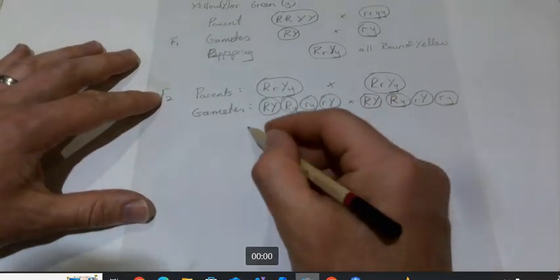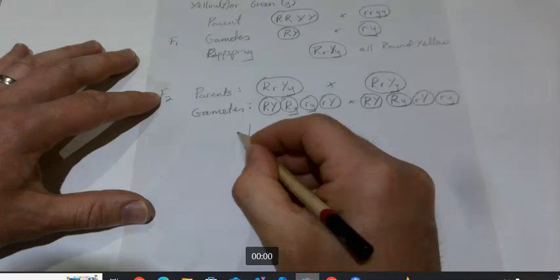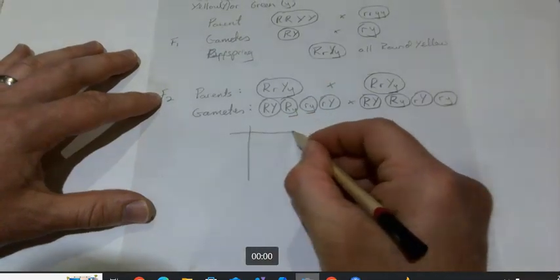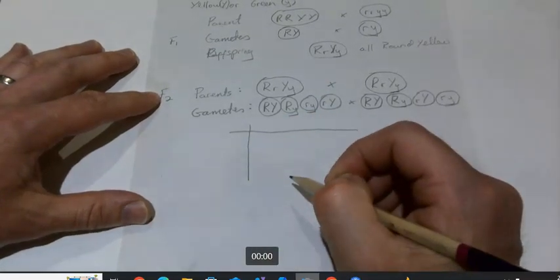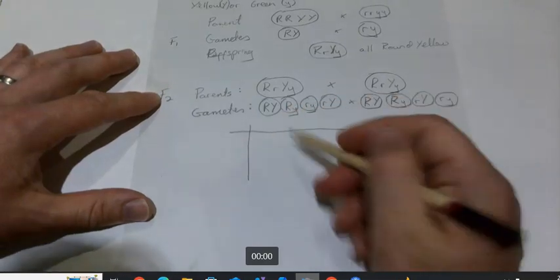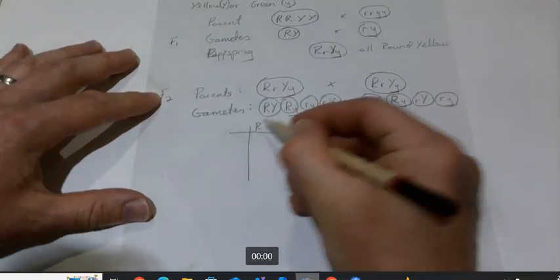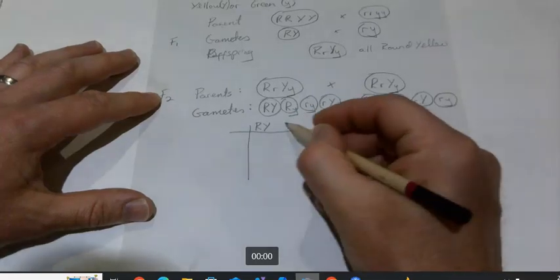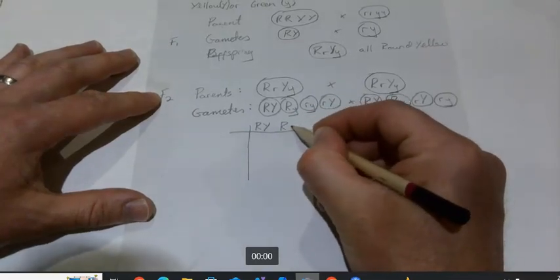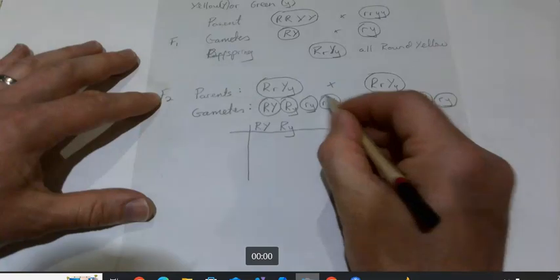So we're going to do the Punnett square for this, just to make the matching up of the gametes at fertilization easier. I take one parent and put their gametes along the top. Sorry, I'm just going to swap these two around.